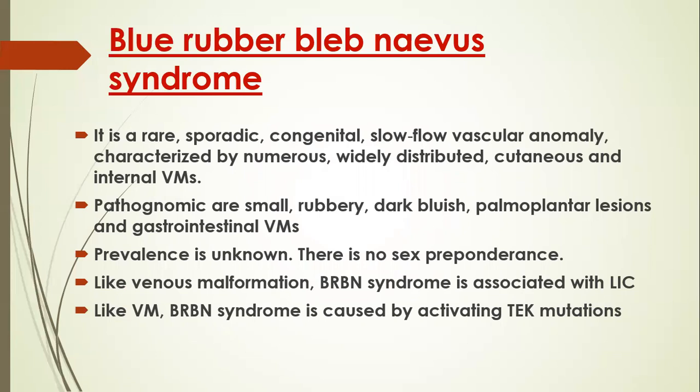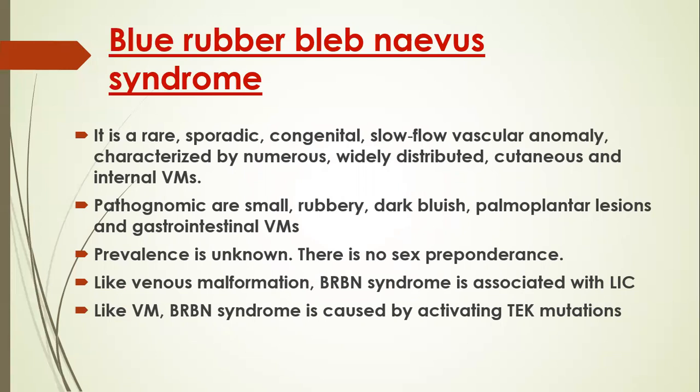Pathognomonically, they are small, rubbery, dark blue, palmoplantar lesions and gastrointestinal venous malformations. Prevalence unknown, no sex predominance. Like other venous malformations, blue rubber bleb nevus is associated with localized intravascular coagulopathy.